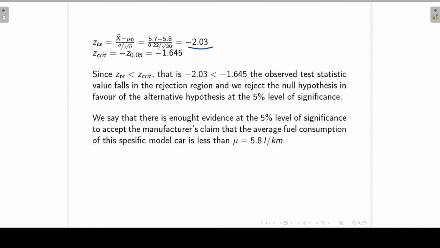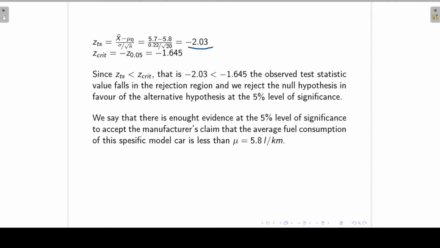Because our standardized test statistic is less than our critical value, it falls within the rejection region. Therefore, we reject the null hypothesis in favor of the alternative, and we came to a conclusion.